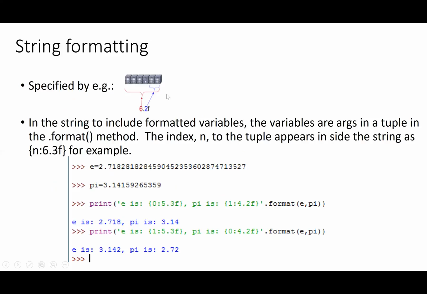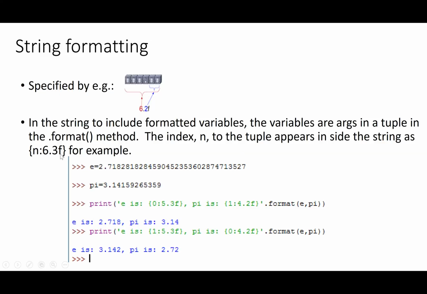How do you do this? Well, to do this, you include a special statement in your string where the variable is to be inserted, which consists of a left curly brace and a right curly brace. The first entry is a number that is an index to a tuple containing the arguments that are going to be put into the string.